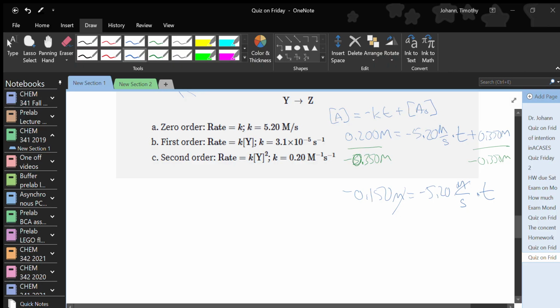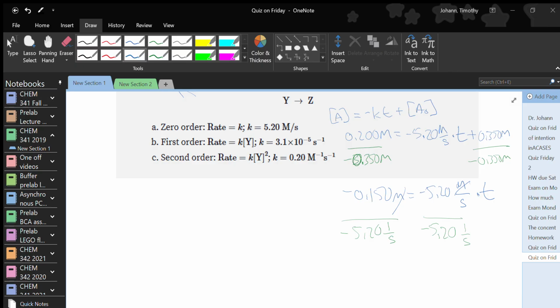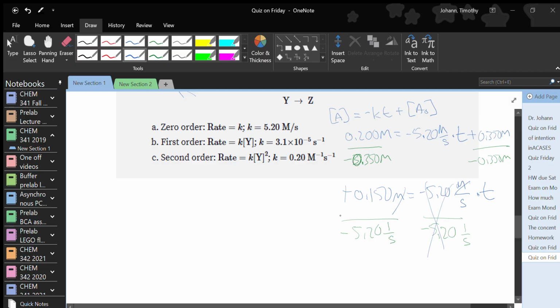I can see that coming, so I'm happy because seconds is a unit of time, right? And so now I just need to divide both sides by negative 5.2 molar per second. All right, over on this left-hand side, I've got 1 over seconds. I've got seconds on the bottom, which is the same as seconds on the top. All right, these go away, negatives go away. Remember this is a really small number.